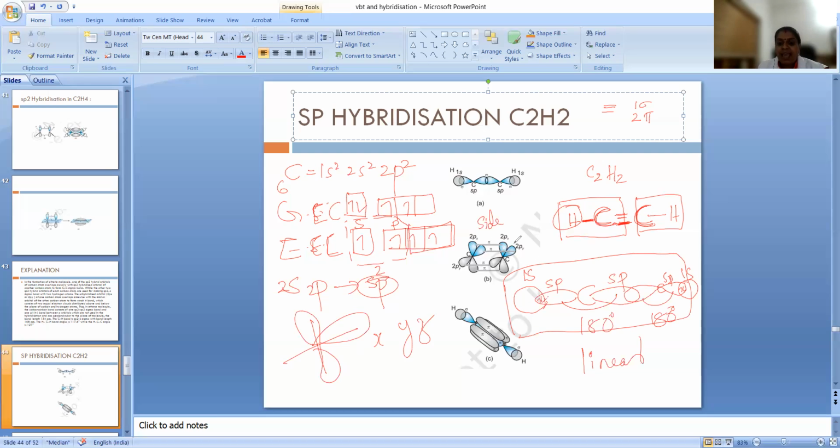Okay. And just like before, after this overlap the electron will be flipping from one p orbital to the other, so that the electron density will be concentrating up and down. If you see, it will be like this, like a sandwich, we can see up and down. It will concentrate. That's all about sp hybridization. Okay.